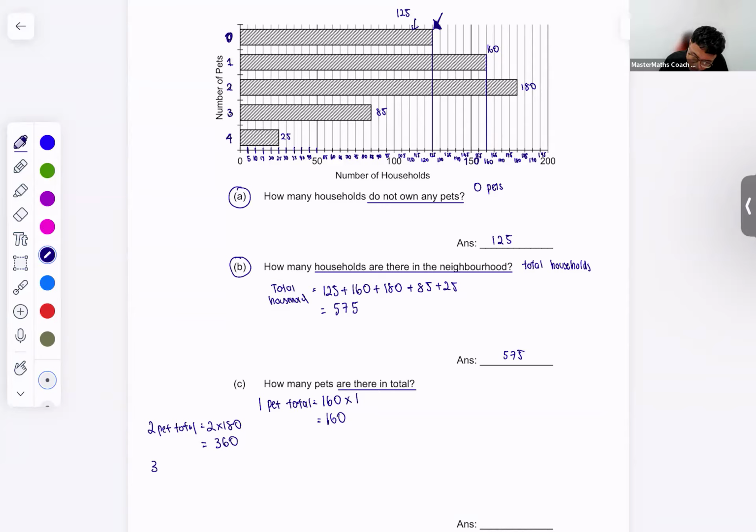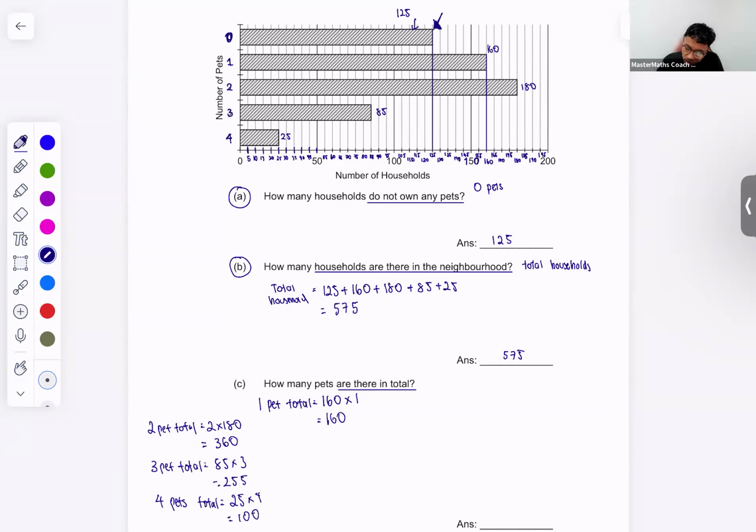Then 3 pets total. What is it? 85 times 3. This gives me 255. And the last one, 4 pets total: 25 times 4 gives me 100.